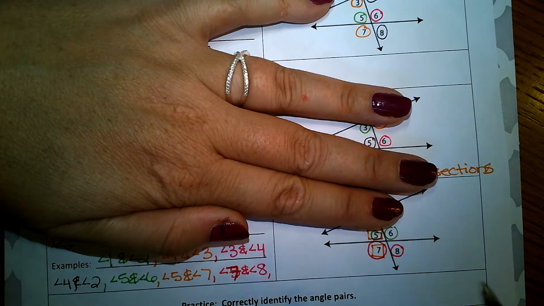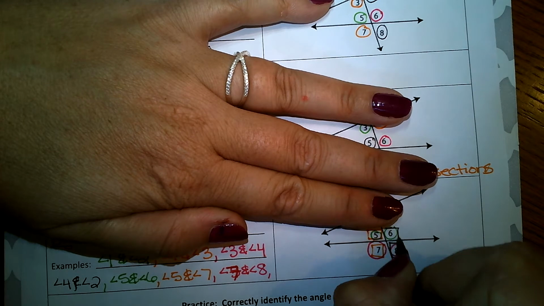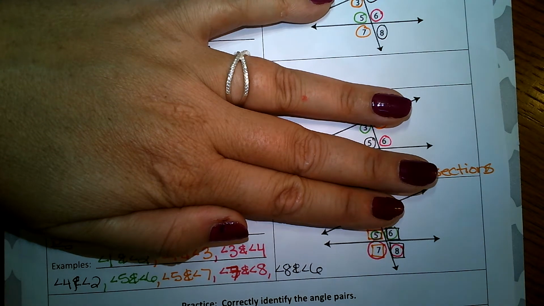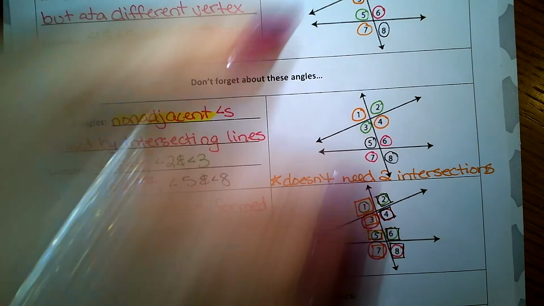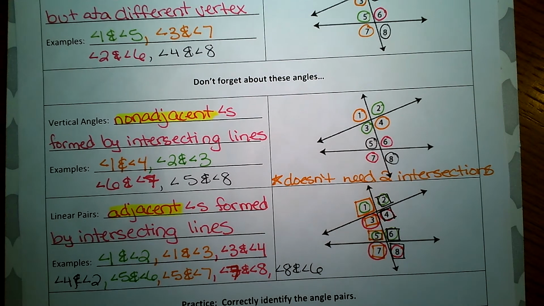And lastly, while 8 and 7 are a linear pair, so is angle 8 and angle 6. They are adjacent to each other and they form a line, supplementary angles. So with a linear pair, there are actually 8 combinations that form a linear pair.